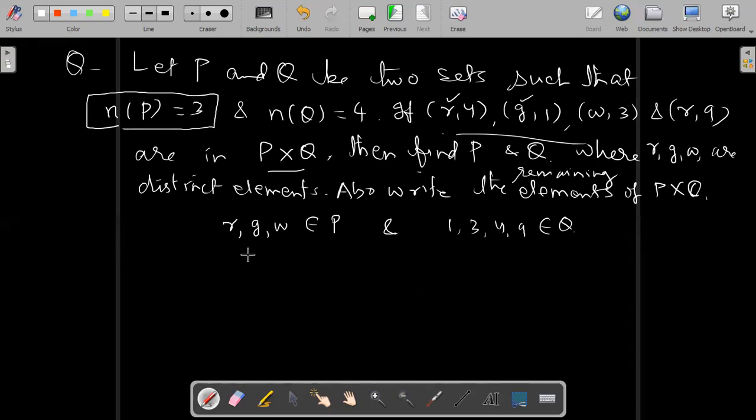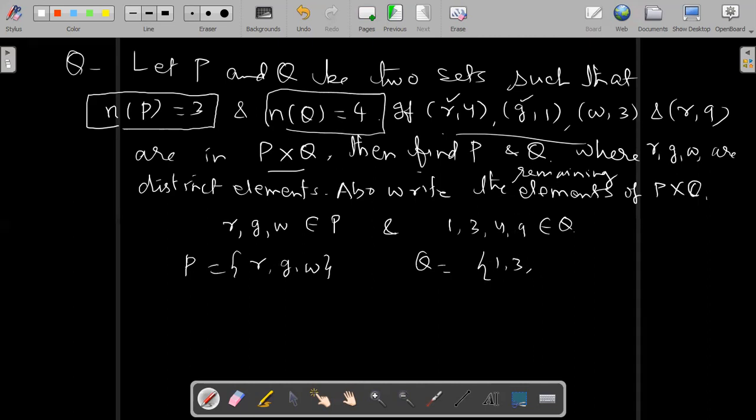So that means it is correct. We don't have any other element. So the set P will have only these 3 elements: R, G, and W, and Q will have only these 4 elements: 1, 3, 4, and 9.